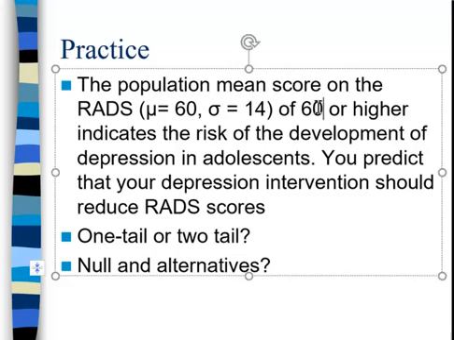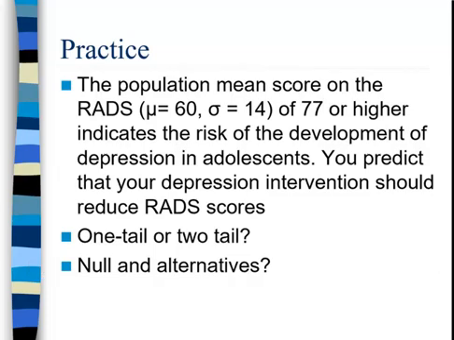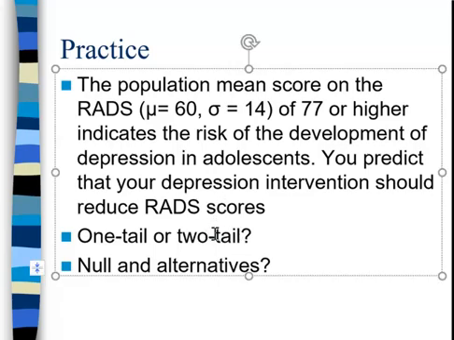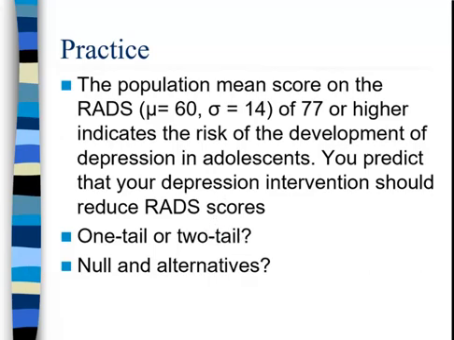And we said scores of 77 or higher indicate the risk of the development of depression in adolescence. You predict that your depression intervention should reduce RADS scores. So, again, my typos notwithstanding, is this a one or a two-tailed test? And then I want you to state the null and the alternative hypotheses as well. Give it a shot.